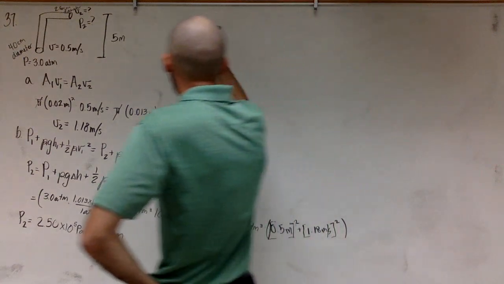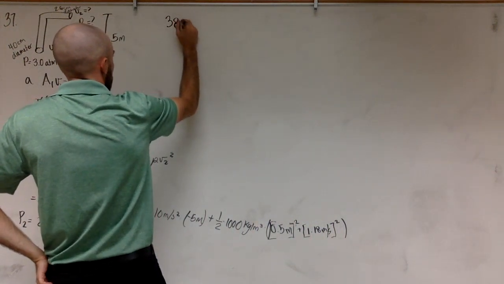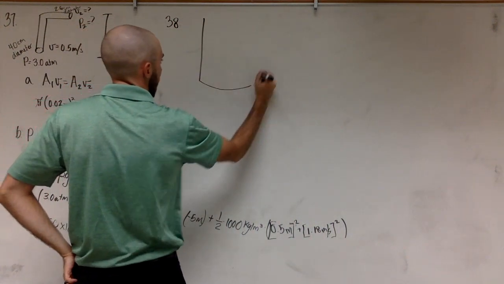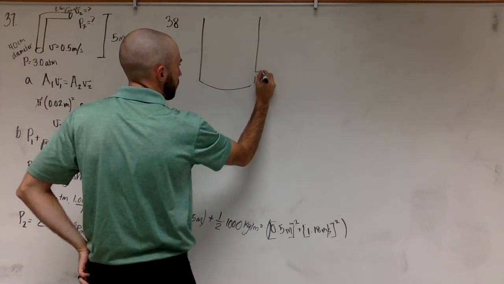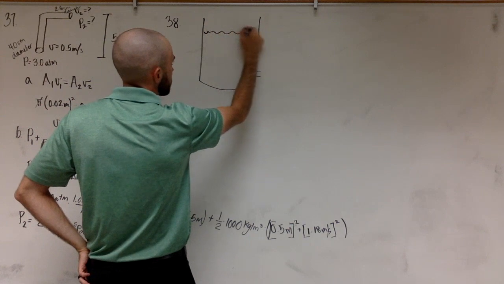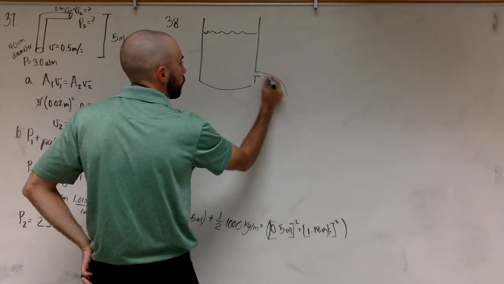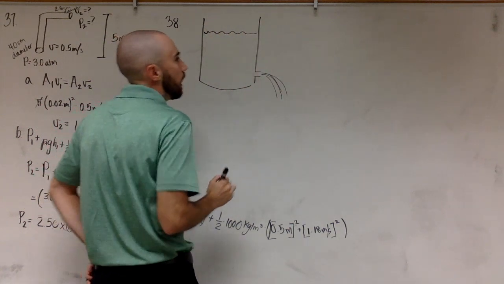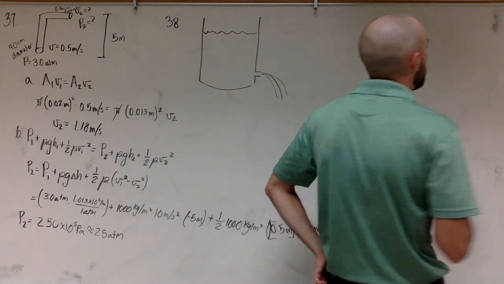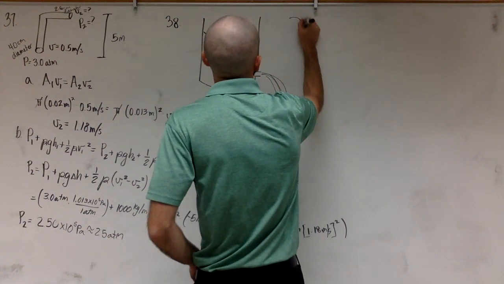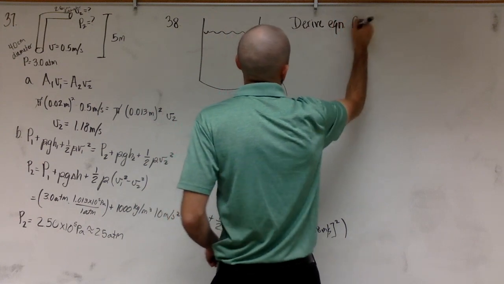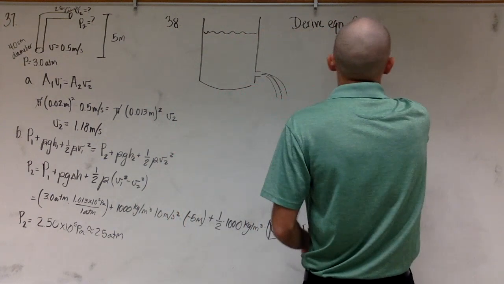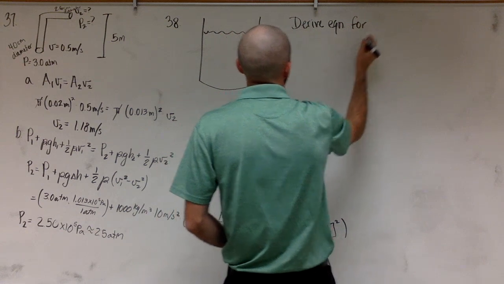In this new problem, you're going to derive an equation to solve for the velocity of water coming out of a spigot at some depth below the surface. So here's our water spraying out the end. And what I want you to try and do is derive an equation for, let's call this guy down here V1.